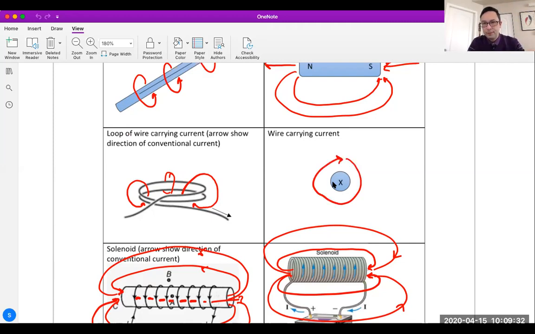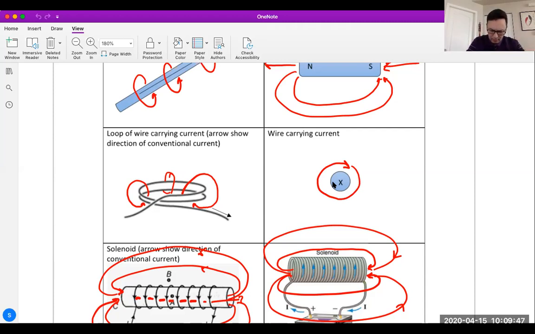Should be a circle. Now let's try again, make it a circle. Better. Okay, around the wire carrying current away from you.